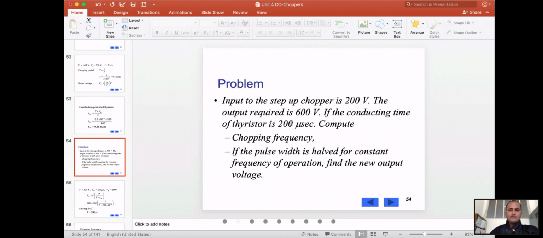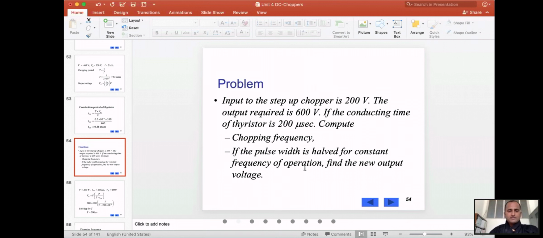You have to find the new output voltage. Initially the output voltage is 600 volt. Now, if the T on period is halved, what will be the new output voltage?